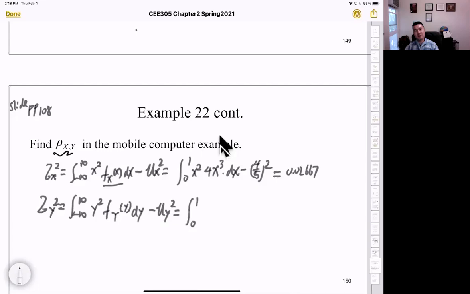The fy(y) we also found in the last slide, and mu y is 8 over 15.